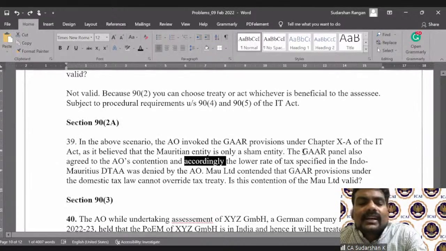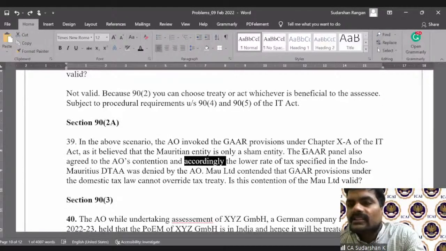I have mentioned the GAAR panel. I know this is not part of the previous discussion. We'll have a separate discussion on anti-avoidance, but nevertheless, just one additional piece of information on GAAR. Just because an assessing officer feels that the transaction is shady, he cannot royally invoke GAAR. He will have to take that case to a GAAR panel.